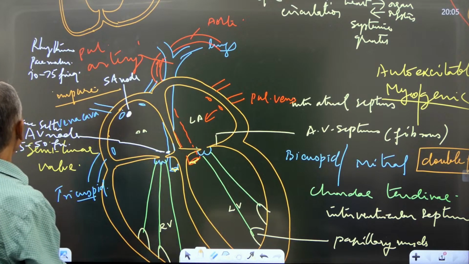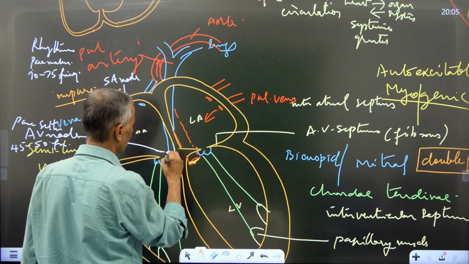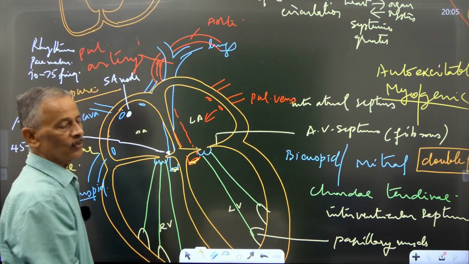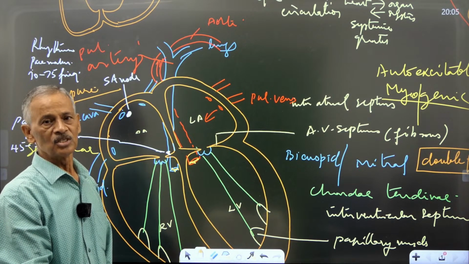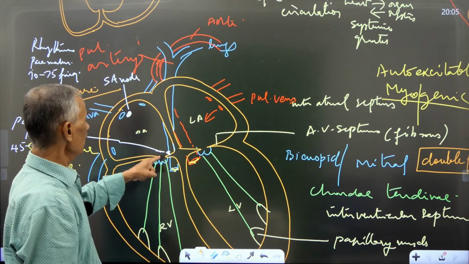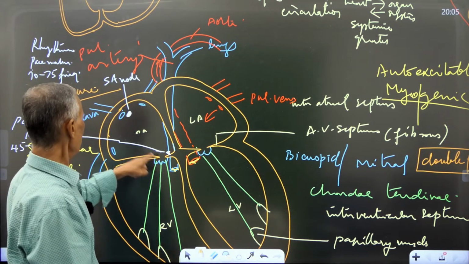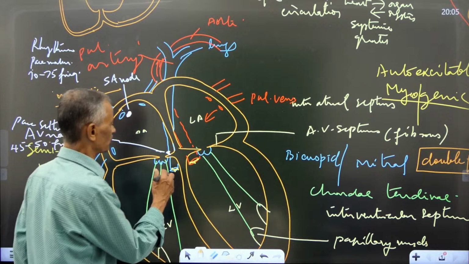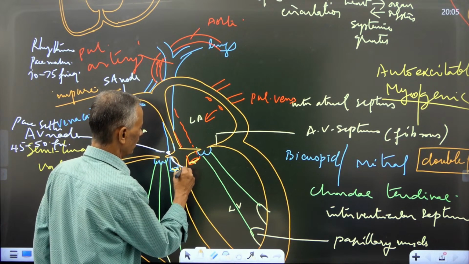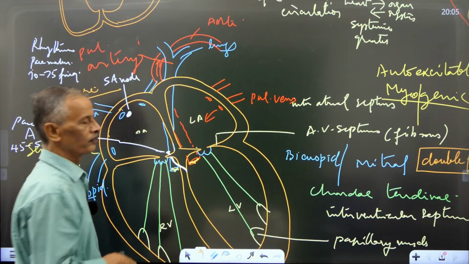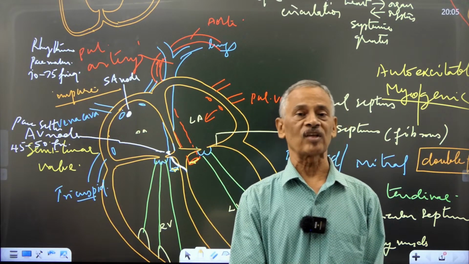ഇനി ഈ AV node is having attached to that a bundle of fibers. ഒരു bundle of fibers അതിൽ നിന്നും സ്റ്റാർട്ട് ചെയ്യുന്നുണ്ട്. This bundle pierces the septum. ഈ ഭാഗത്തുള്ള ഏട്രിയോവെൻട്രിക്കുലാർ സെപ്റ്റത്തിനെ തുളച്ച് ഇതാ ഇങ്ങനെ താഴേക്ക് വന്ന് it enters into the interventricular septum.